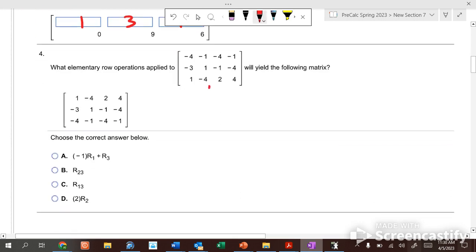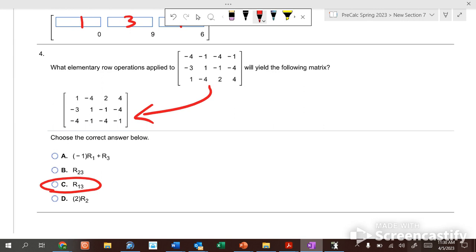Okay, how did we make this into this? Little investigative process here. You switch row 1 and row 3. Looks like it.